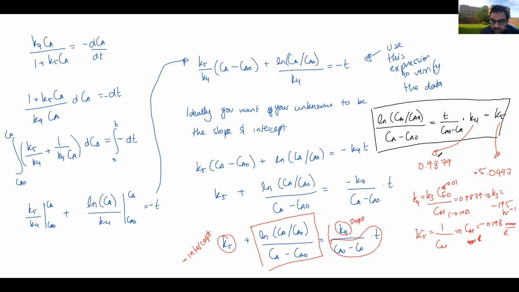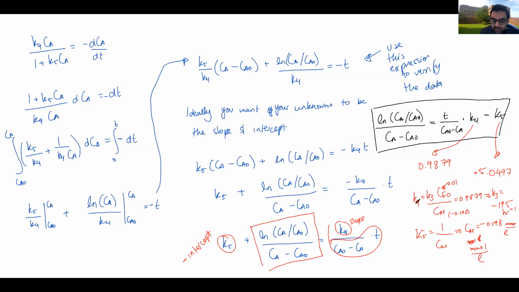Or wait, let's verify these units. So this CA is millimole per liter, which means that K4 is in hour minus 1, and K5 is in 1 over millimole per liter, which means that Cm is just in millimole per liter.